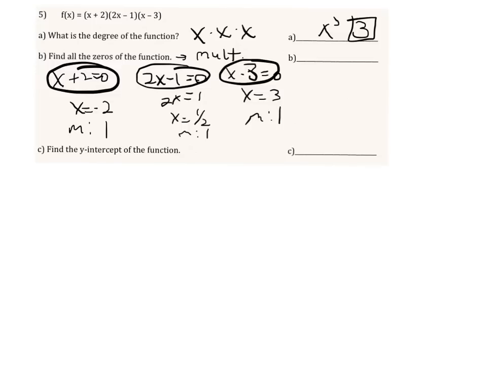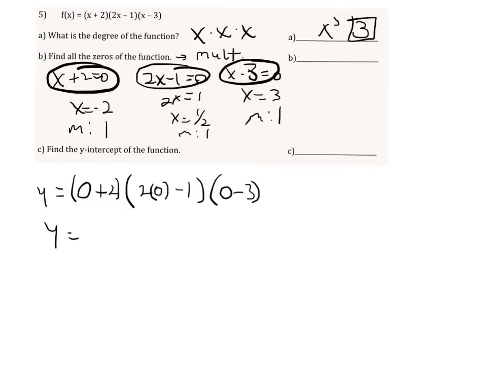Okay? Then we want to find the y-intercept of this function. Well, we do that just like any other function in the history of mankind ever. We plug in 0 plus 2, 2 times 0 minus 1, and 0 minus 3. So we're trying to find what y equals based off of that. So y equals 2 times -1 times -3 or positive 6.